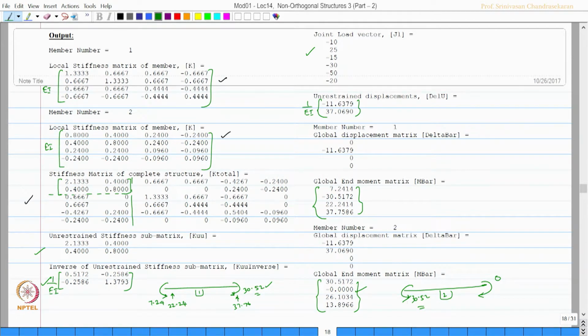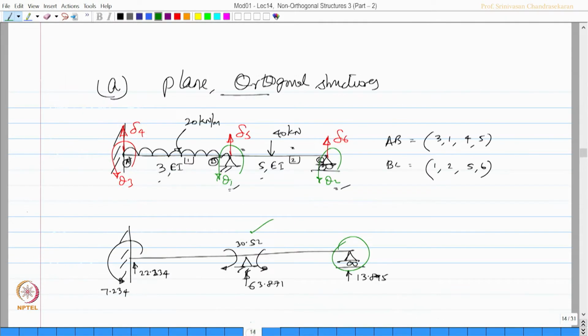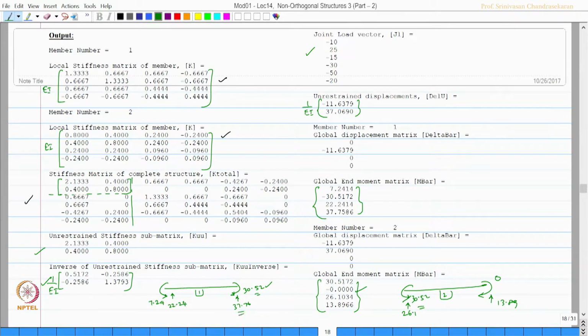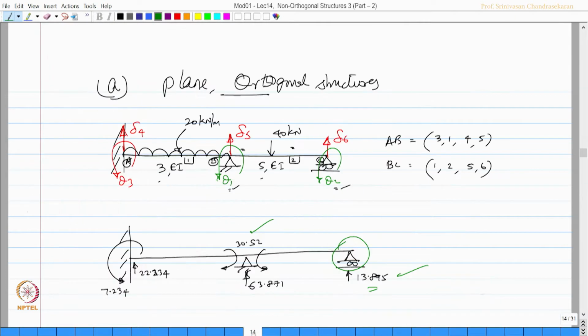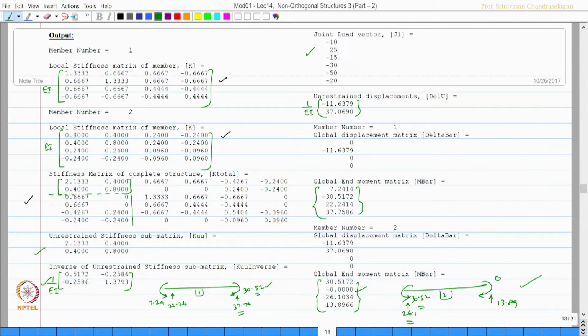Then the reactions are 26.1 and 13.89, which exactly matches with this value. So the sum of these two will amount to this. So the code exactly solves the same problem and the manual solution we had matches with the results we have in the code.